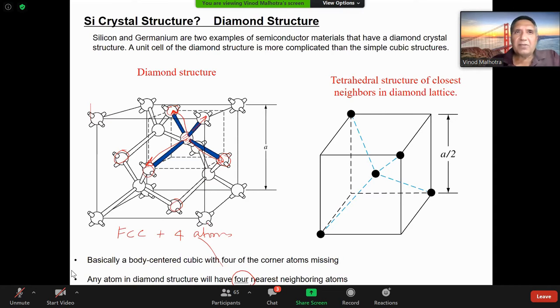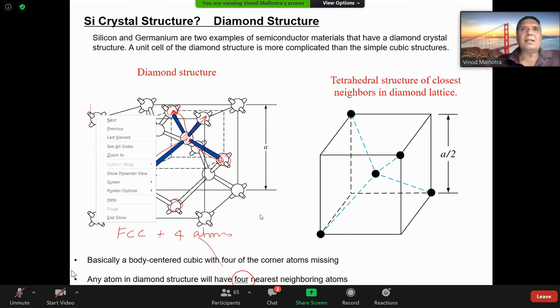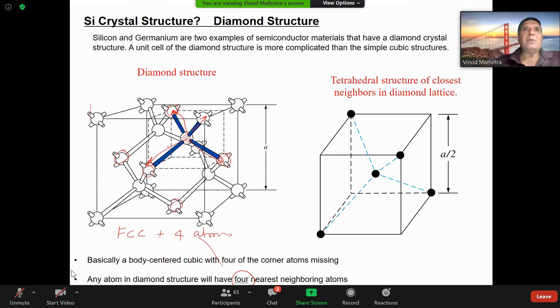Now, in the picture, of course, for clarity, we just show this as a corner atom. But effectively, if you build this crystal out left, right, center, up and down in 3 dimensions, then this atom would also have exactly the same 4 nearest neighbors, the way that this one has. Essentially saying that you could move the origin around anywhere. You don't have to start the origin here and create your cell, but you can move the origin anywhere and you would find exactly the same pattern being repeated.